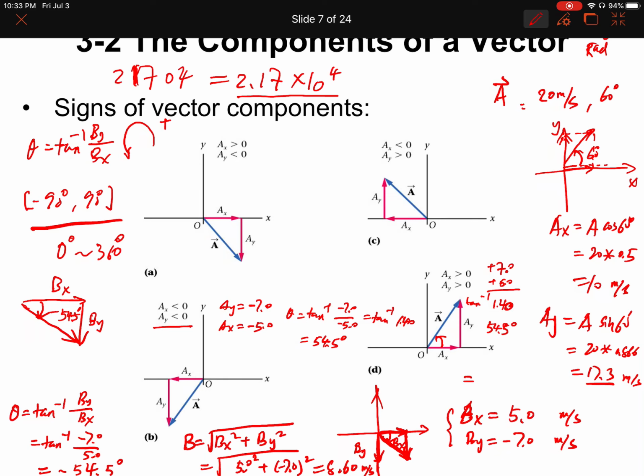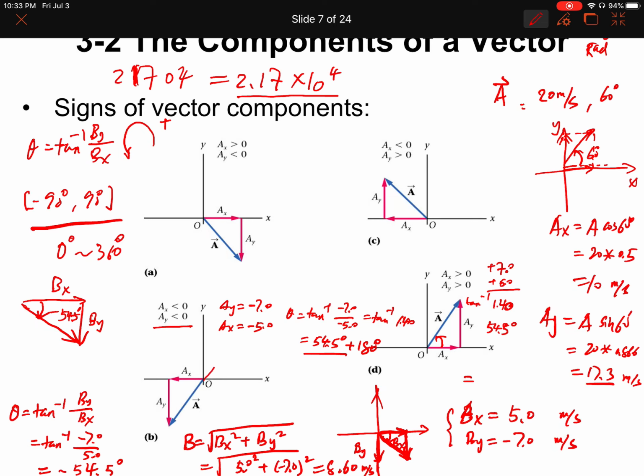And then you go back to check the sign of AX, AY. Both are negative, which means they should be in the third quadrant. However, your angle is in the first quadrant. Then what you do here is add 180 to push the vector to the third quadrant.